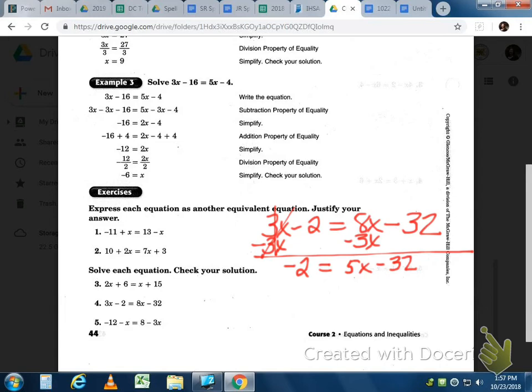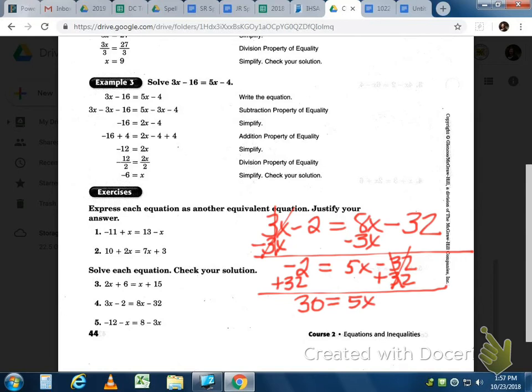How am I going to bring my negative 32 over? Add it. So add 32 here and here. Those go away. Now, Emily, I'm 2 in the hole, but I'm gaining 32, so you'll be 30 equals 5x.